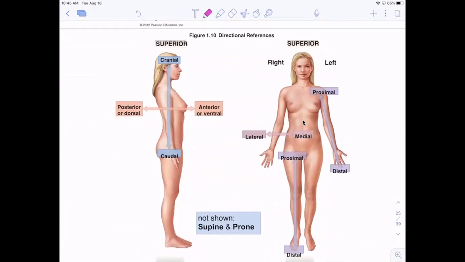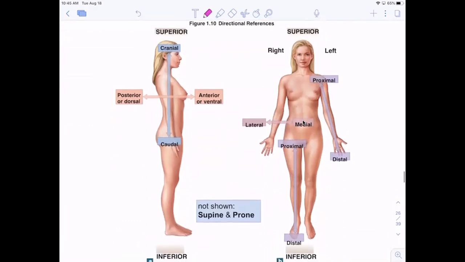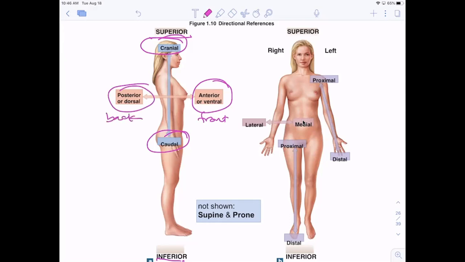You will also have this diagram that you need to know. So again, when looking at this, we tend to use superior and inferior because caudal stops here, right? So cranial, caudal, high and low. Anterior is front or ventral, and posterior or dorsal is back. Lateral is to the side of the organism, and medial is towards the center.